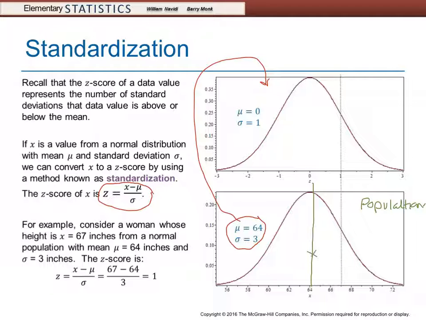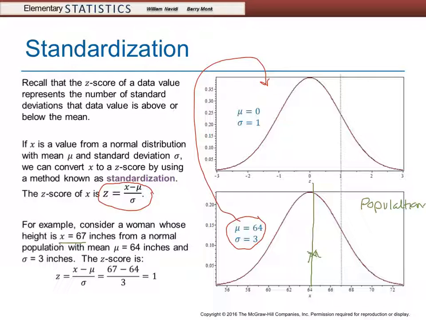This is x bar, or mu actually. And sigma in this particular case is 3. And so now we want to find a z-score value of a lady whose height is 67 inches. So x is 67 inches in this normal population.